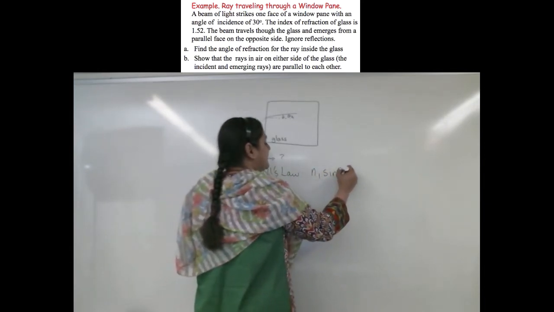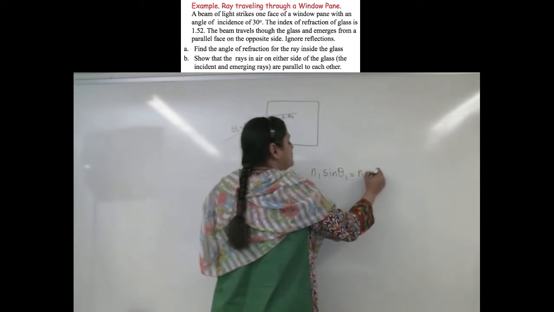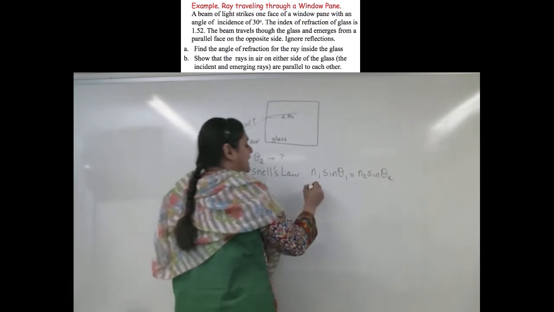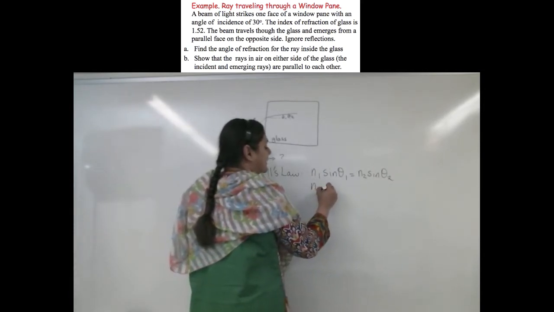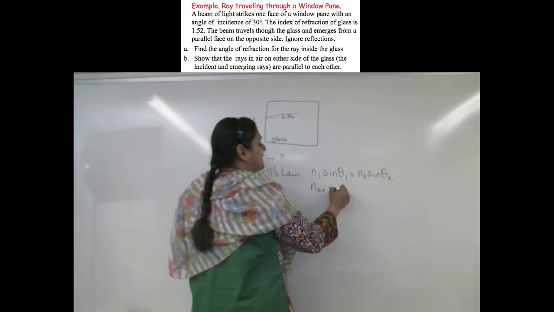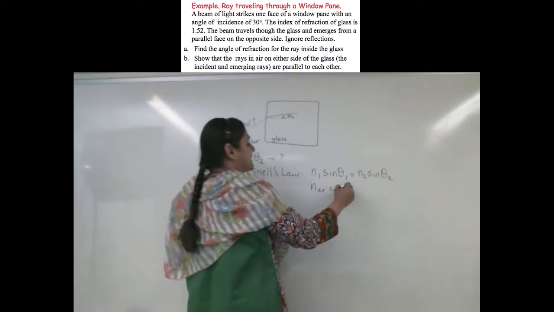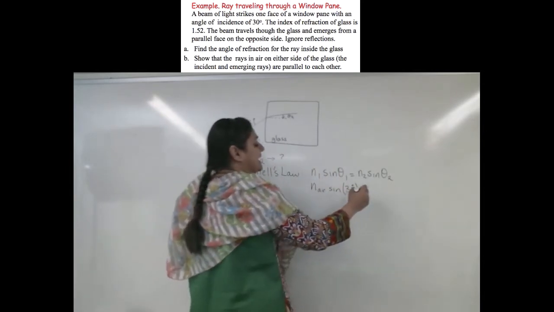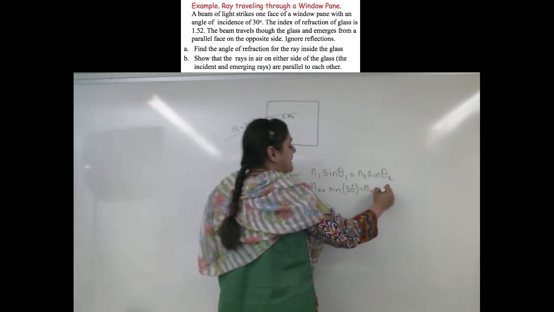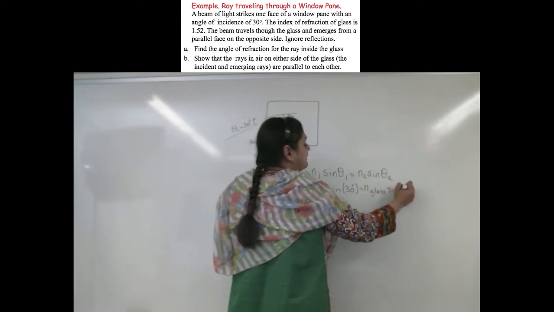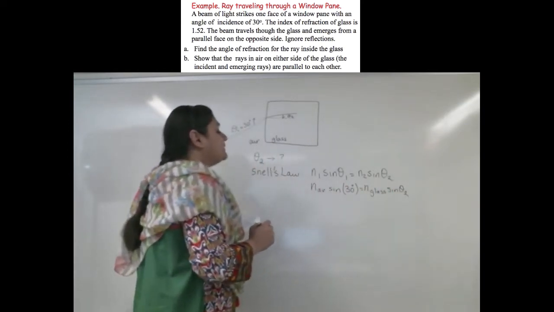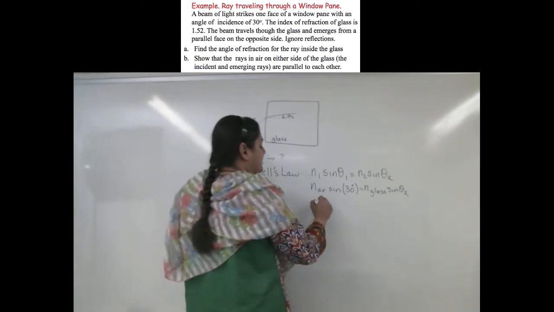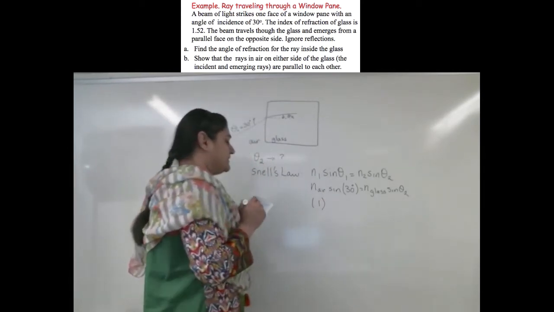n1 sine of theta 1 equals n2 sine of theta 2. In this case, my n1 is n of air, and theta 1 is my incident angle, 30 degrees. My n2 is glass, so it'll be n of glass times sine of theta 2, and theta 2 is what I am looking for. n of air is always taken as 1 as our reference.